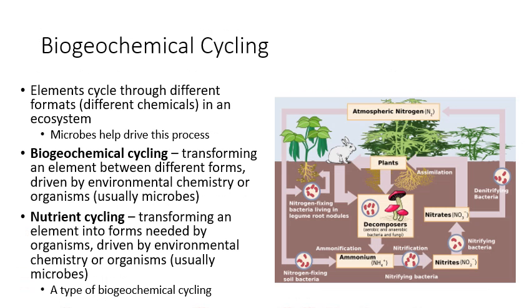In addition to thinking about how energy travels in an ecosystem, we also think about how different elements travel through an ecosystem, both in terms of the physical places that they move to, or how they move through different physical places in the ecosystem, and the different chemical formats that they take as they move. So basically which different compounds they're a part of.